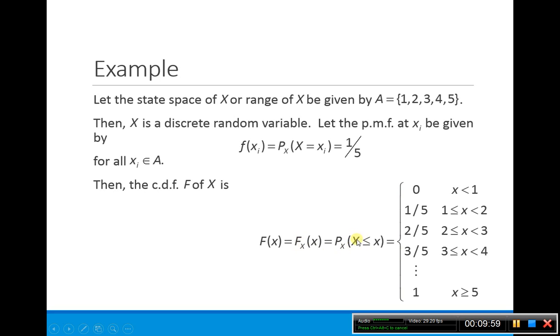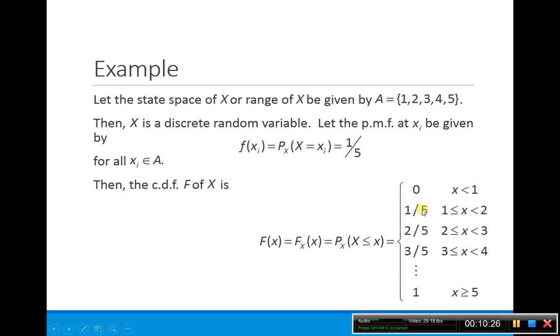What is the probability that our capital X is less than or equal to little x? What is the only value in our range that X takes on? Here it is just 1.